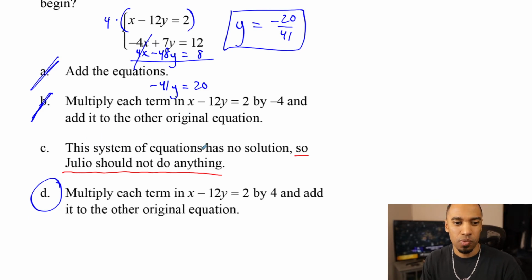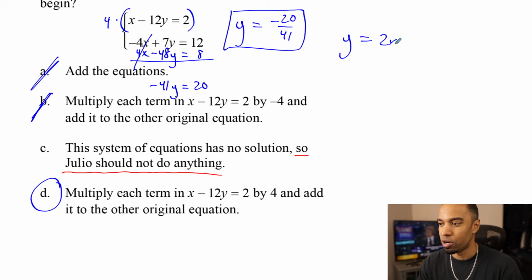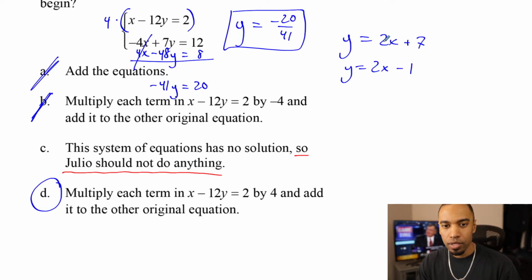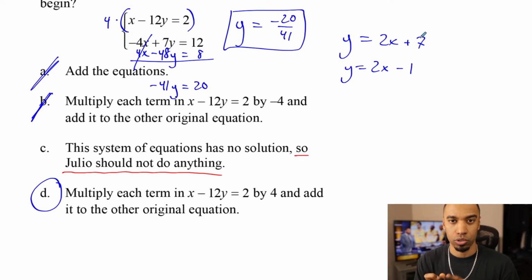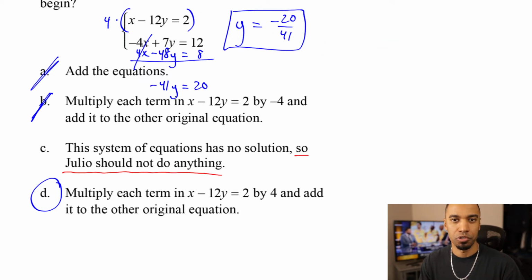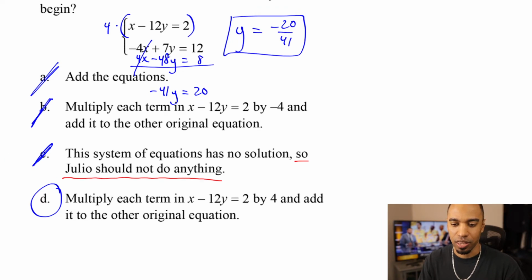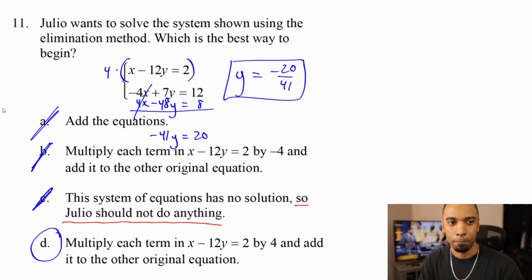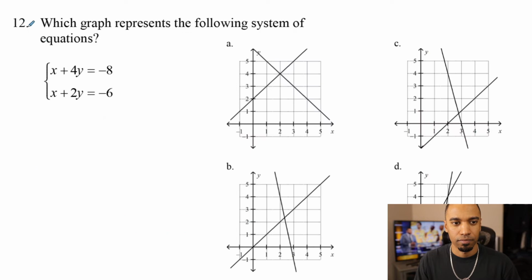So Julio should not do anything is not really a measure, unless these are already in slope-intercept form and you get that kind of equation like we saw before, y equals 2x plus 7, y equals 2x minus 1. You get something like this. Okay, I know there's no solution now. Yeah, I'm not going to do anything now. I understand that. In this problem here, we can't not do anything even if it was no solution, but there is a solution. So it's clearly not C, it is D. Looks like they wanted you to test all these first to figure that out, and that is number 11.